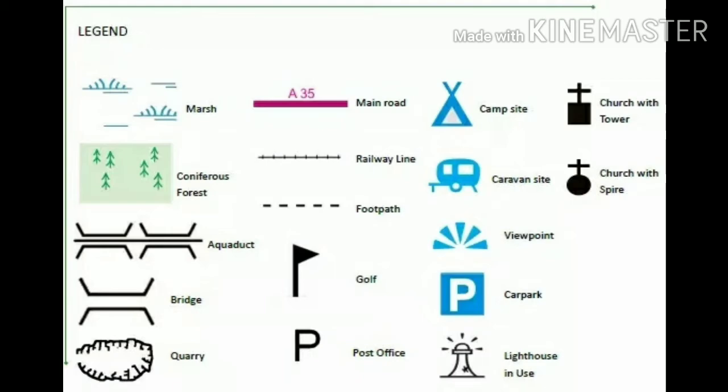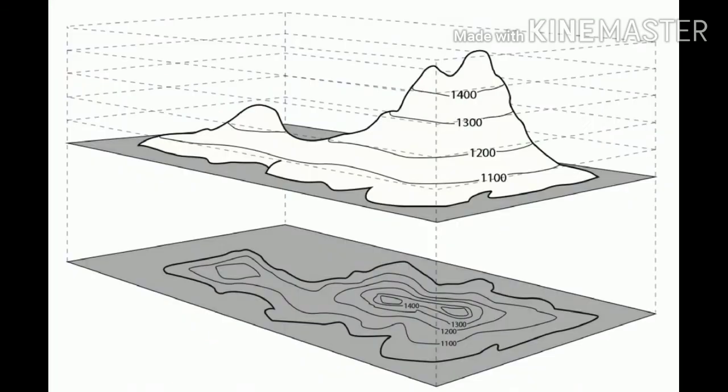For example, railways have a separate symbol, roadways have a separate symbol, and post offices, trees and dams have to be indicated with different symbols. Features also mean the high and low places on the surface of the earth, mainly mountains, hills, and plateaus.